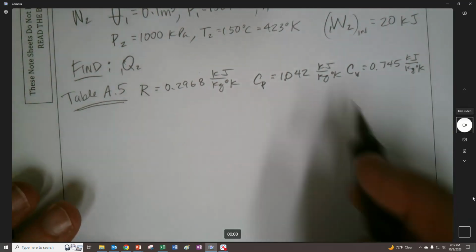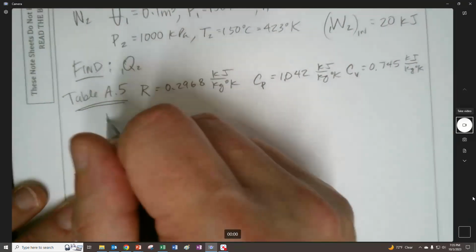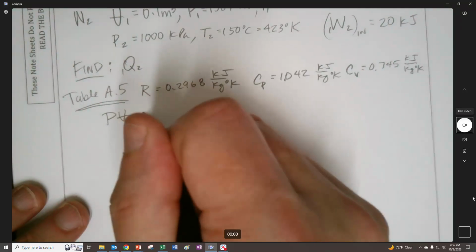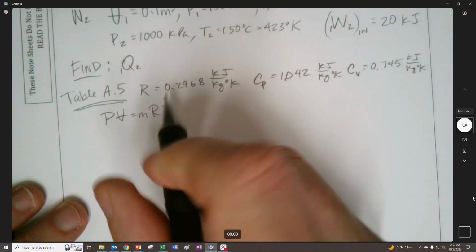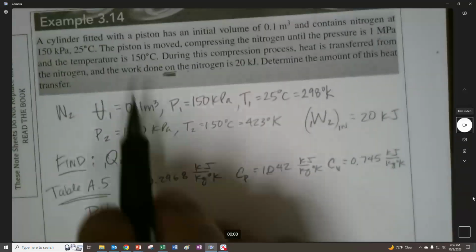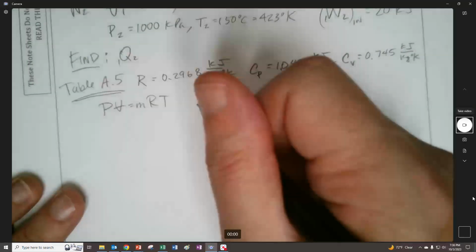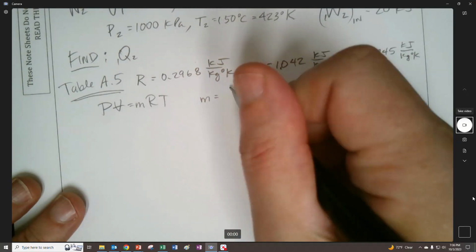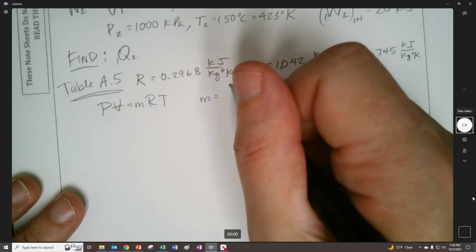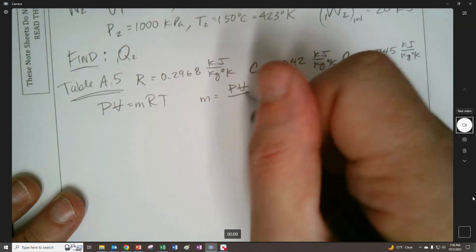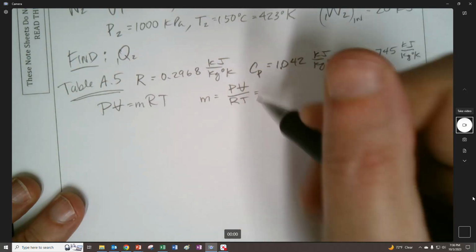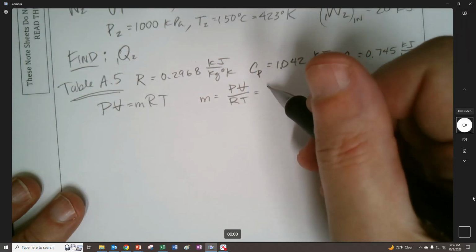From PV equals mRT, we can find out how much mass is inside this piston, because we're given the volume. M is going to be PV over RT, using the initial condition.